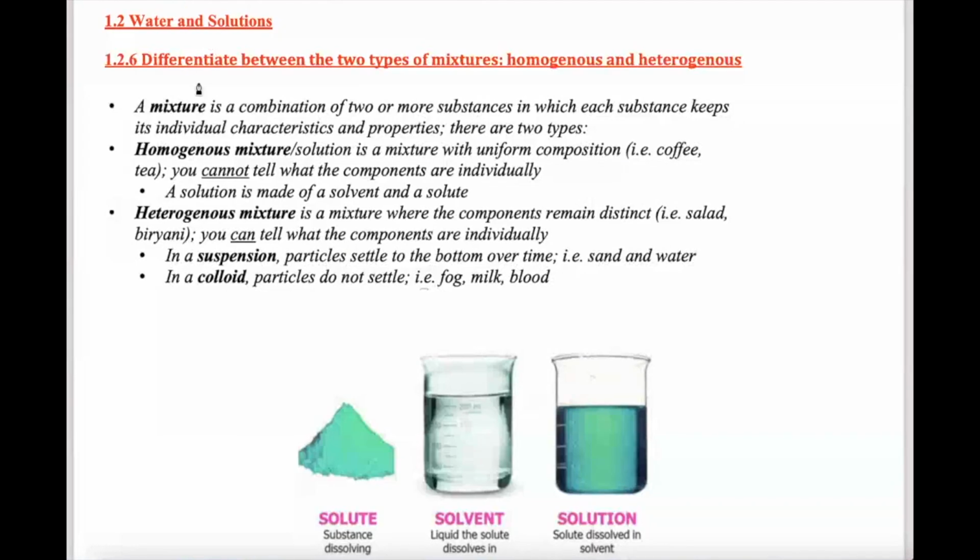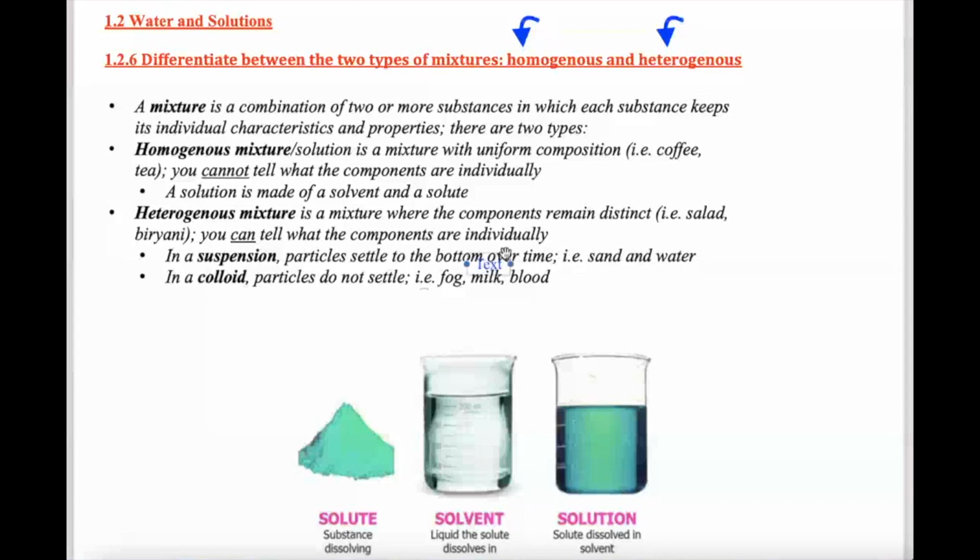So we have now the second topic, water and solution, and the KPI is to differentiate between the two types of mixtures, which are homogeneous and heterogeneous. Okay, so we have two mixtures. Homo means same, and hetero means different.